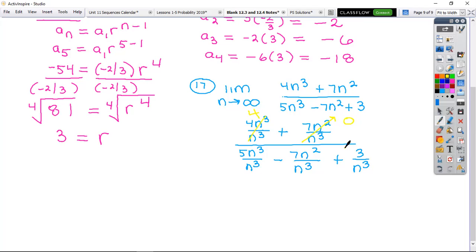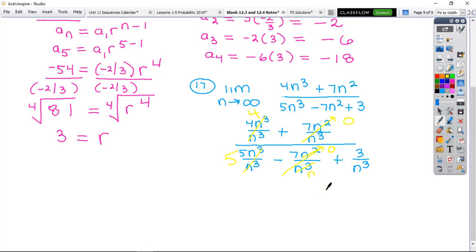On the bottom, I can cancel n cubes, and I'm left with 5. And then for the next term, you could cancel an n squared if you want to. It's not going to change your answer regardless, because 7 divided by a really large number is still so tiny that we say that this limit approaches 0.